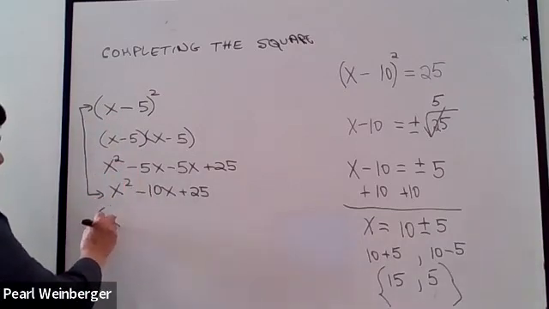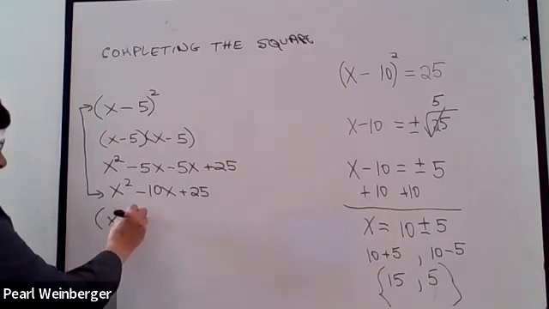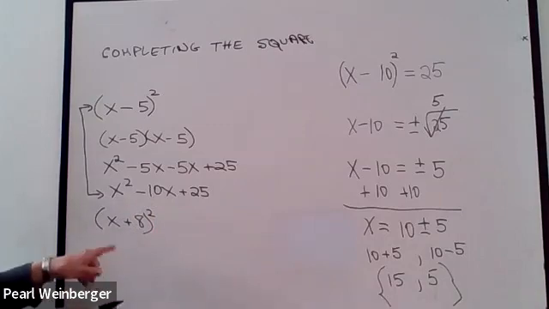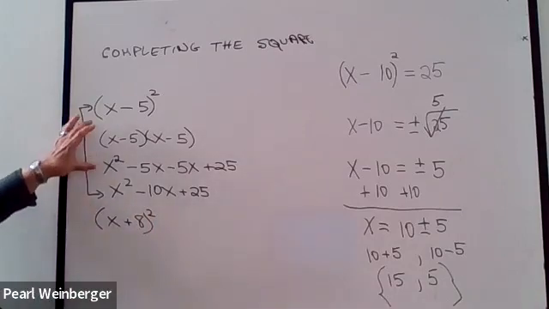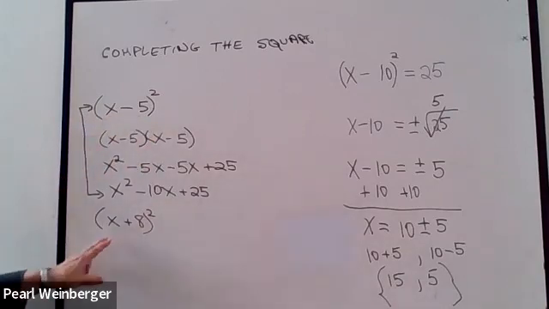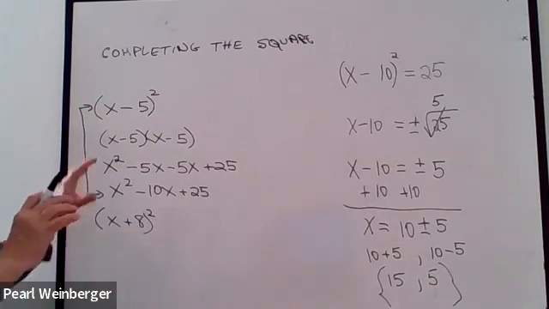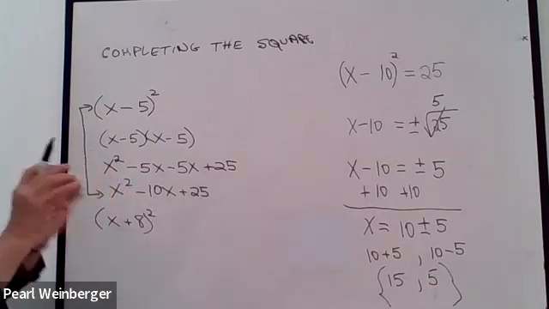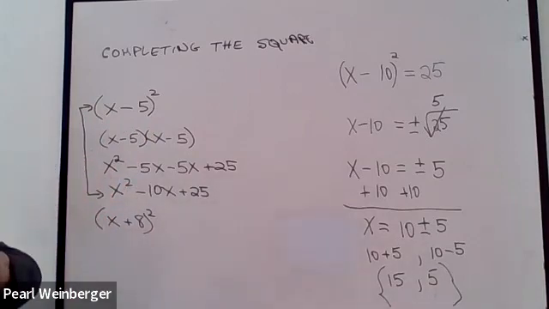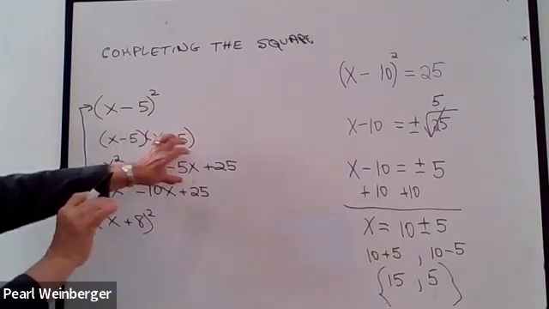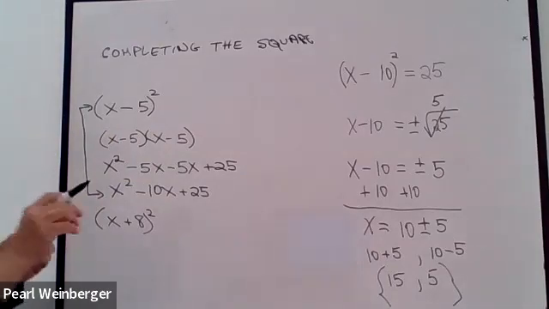What if I gave you x plus 8 squared? What would we get? Now I'm going to do it the short way, without doing the whole FOIL. I know I'm going to get a trinomial. These are not conjugates. Things are not dropping out. The inner and the outer are the same, so we get a middle term.